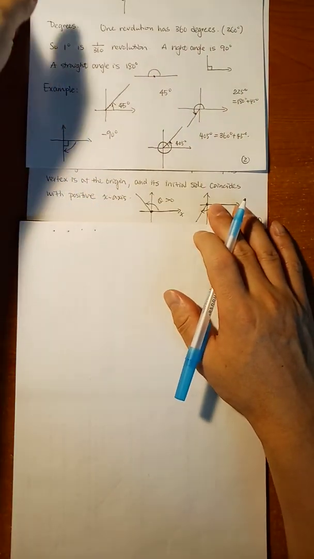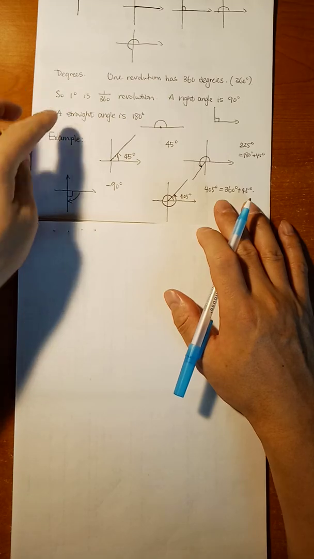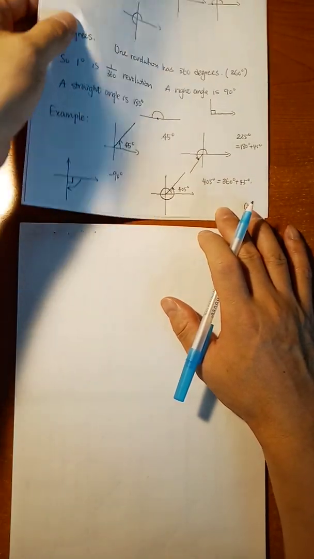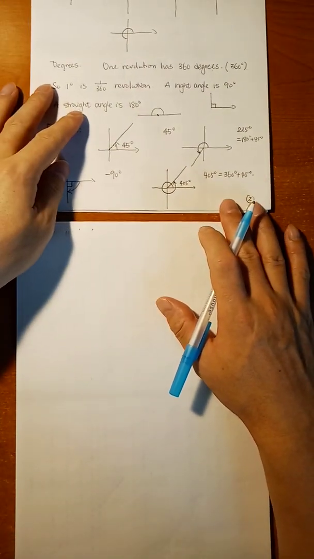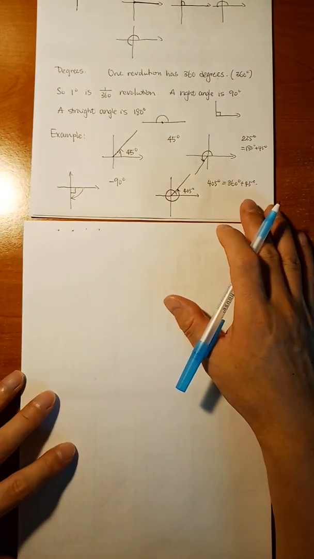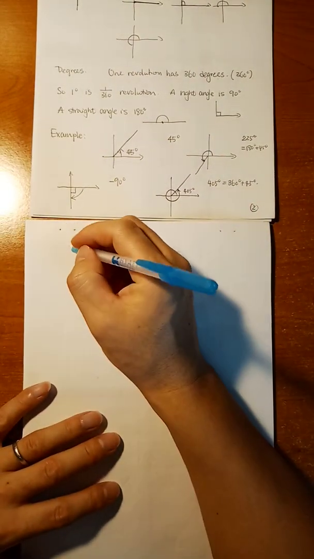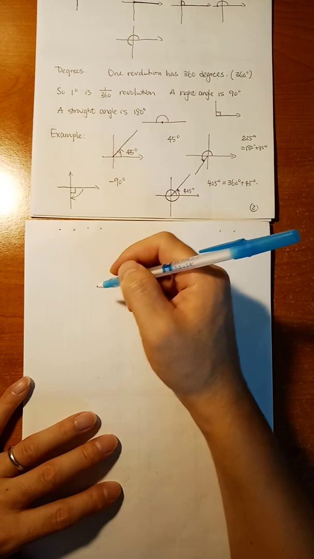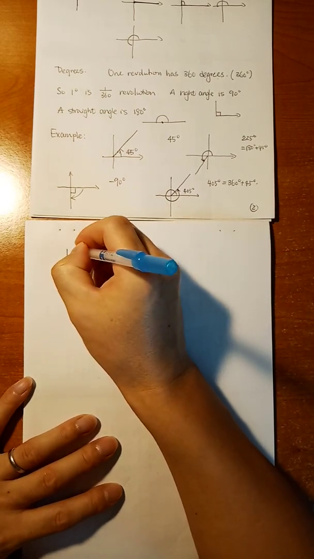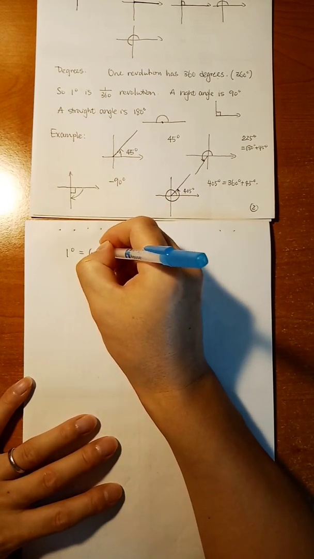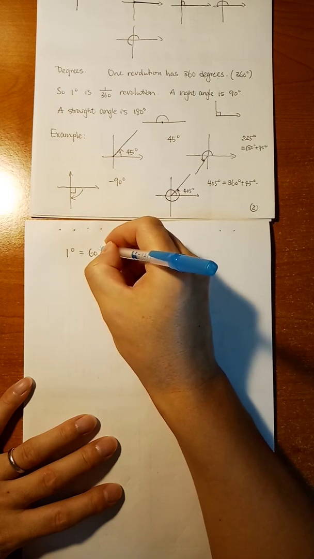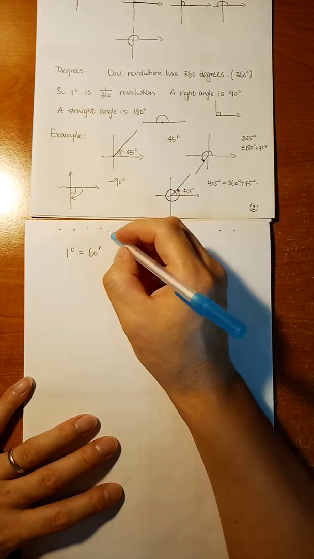A degree, even though it's hard to draw 1 degree, is still too big if we want to apply it to some applications. So we have an even smaller unit. We define 1 degree to be 60 minutes. One prime is a minute.